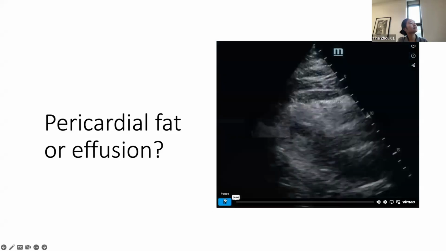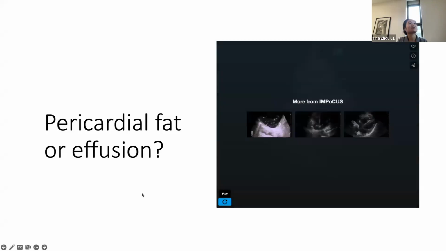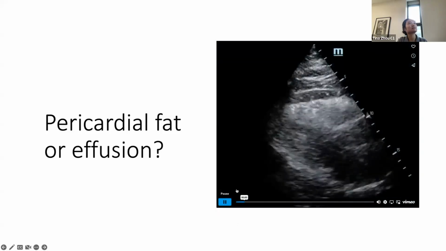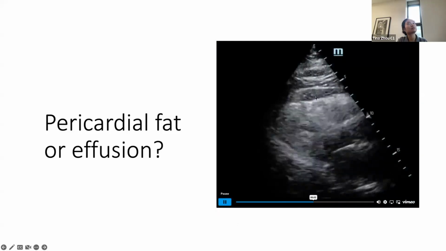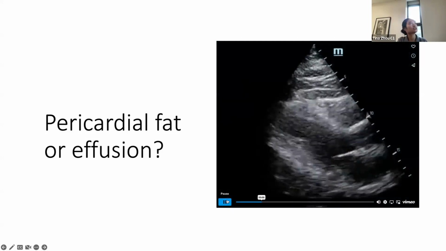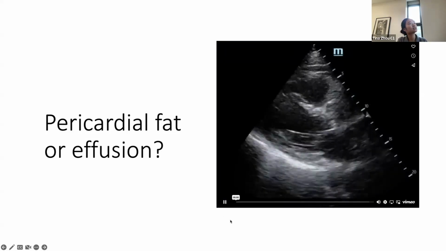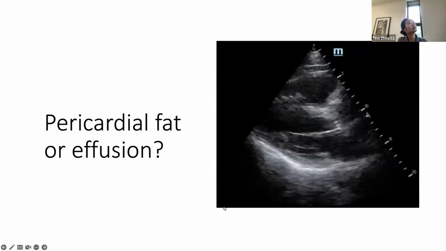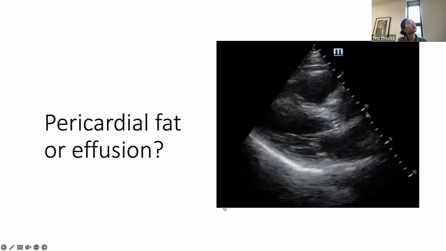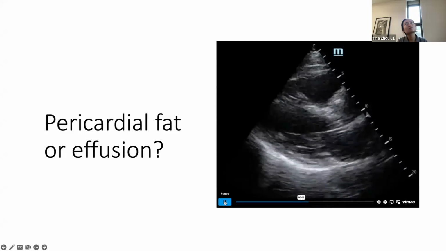What do you think? That's just pericardial fat. You can see that within the space, it's moving around with it, and it looks like there's stuff in it, which makes it more like pericardial fat. Well, this one. Thoughts?